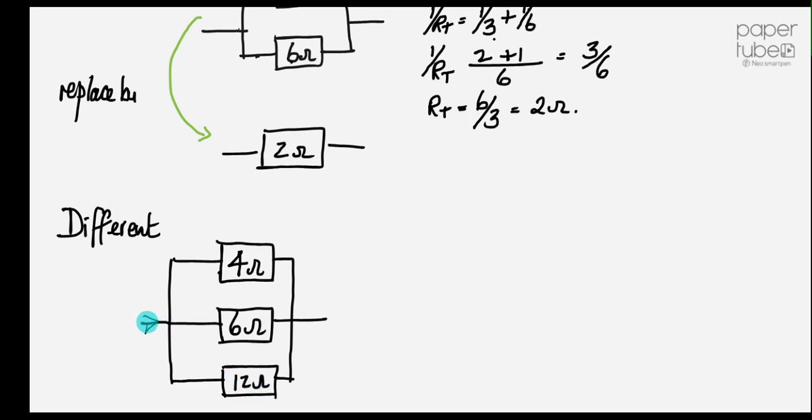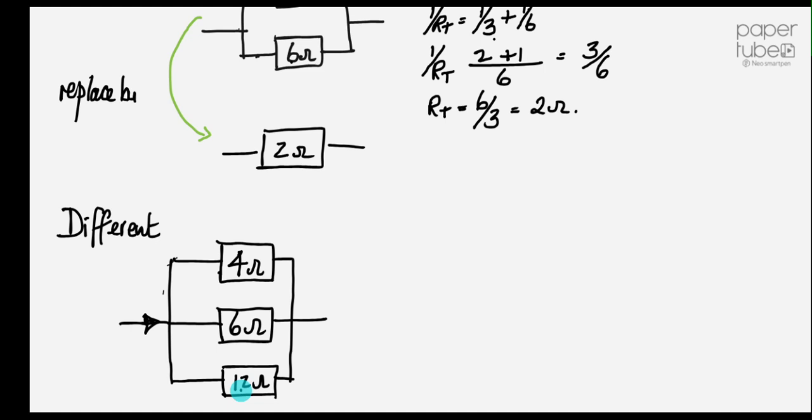Current comes in here. How do I know they're in parallel? Follow the blue spot. The current splits. What way would the most current go? Through the top one, the easiest, smallest resistance. What about the next one? Through the middle. And the least current would go through the 12.